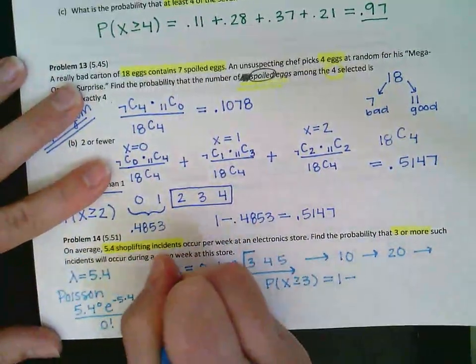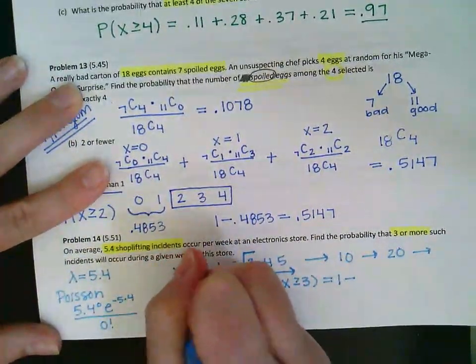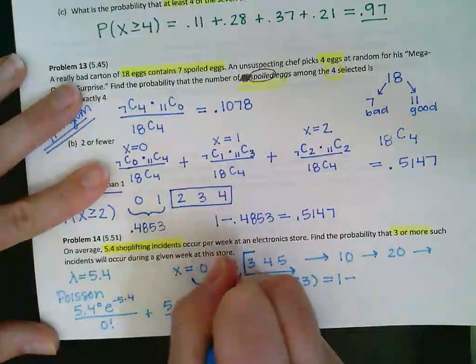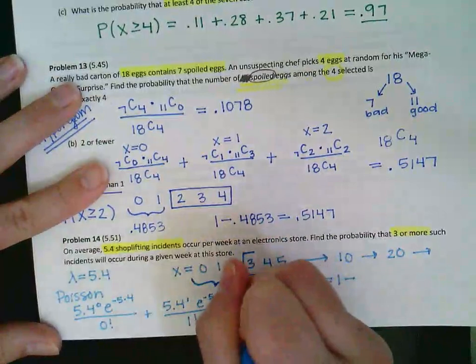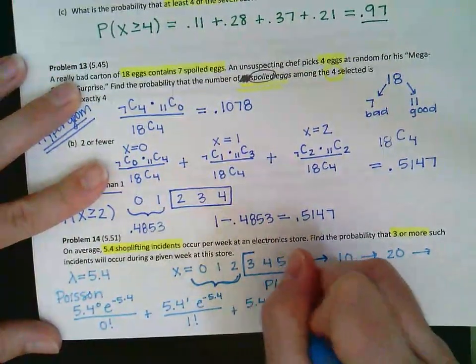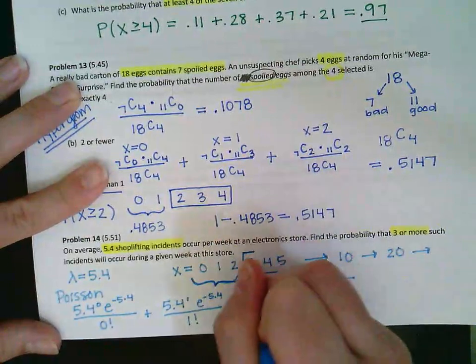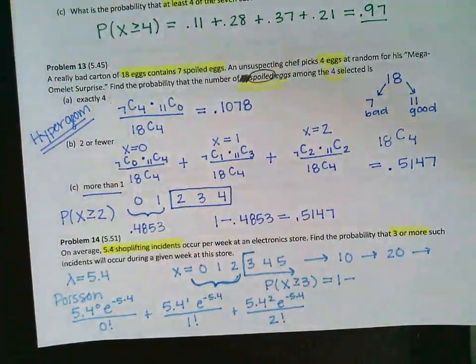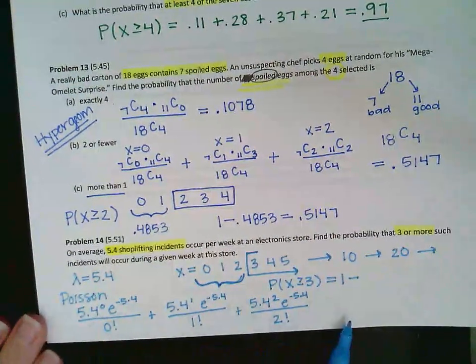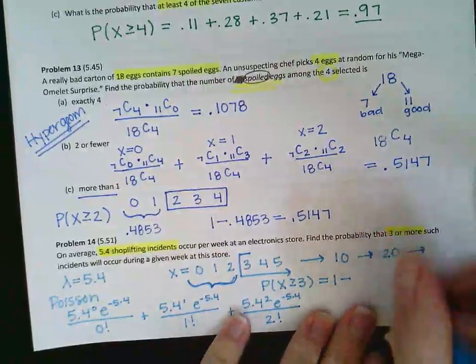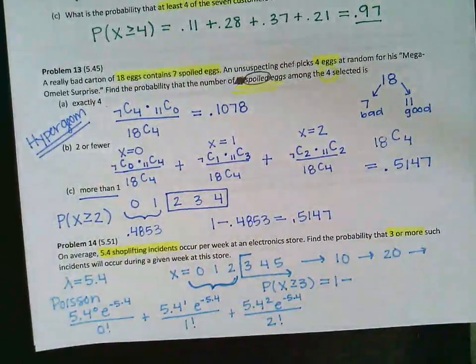And I'm going to do that for 1, and I'm going to do that for 2. Once I find that, I'm going to subtract that value from 1. I just have the final answer here.